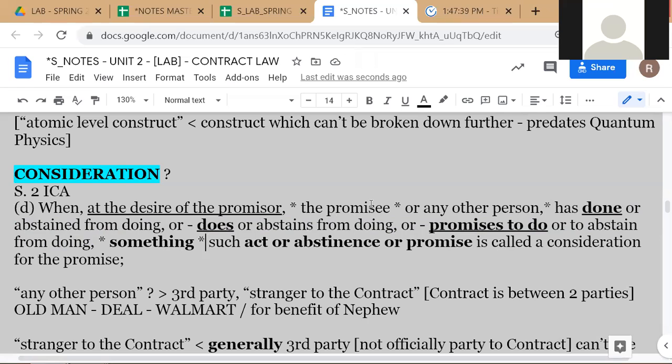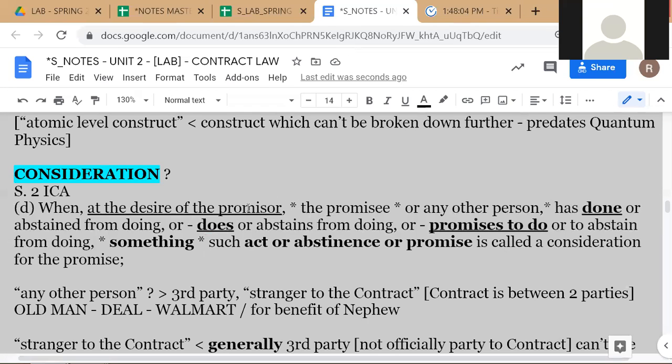Is it just something that the promisee dreams up, wakes up in the morning and says, okay, let's do this, and will that form consideration? The answer is no, because there is this other part here, the desire of the promisor. And remember, in order to be called a promisor, you must have made a proposal. That's why you're called a promisor.